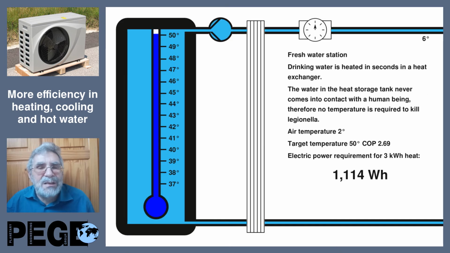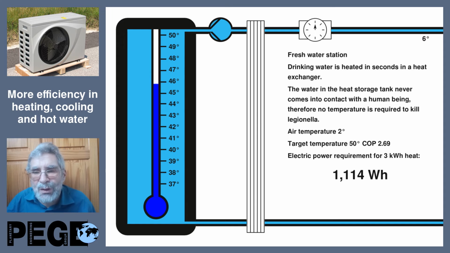The next system is the fresh water station. Here, the water from the water pipe is warmed up by a plate heat exchanger to the temperature we need for a shower. And we need right in the middle a sensor. The sensor tells, there's a water flow.